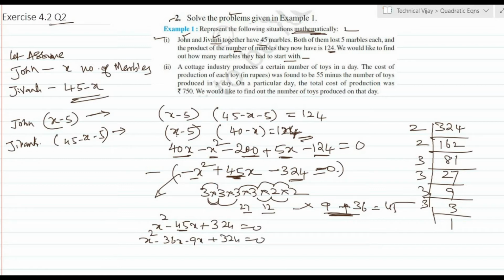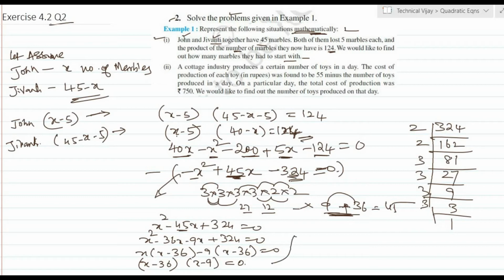See here minus 36 minus 9 means minus 45. So x into x minus 36, minus 9 into x minus 36, because 36 into 9 will be 324 only, equal to 0. So x minus 36 is one term and x minus 9 will be another term. This is equal to 0.